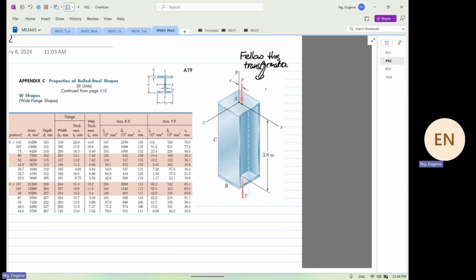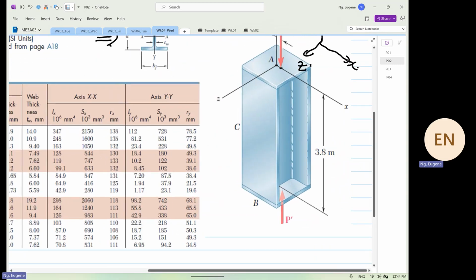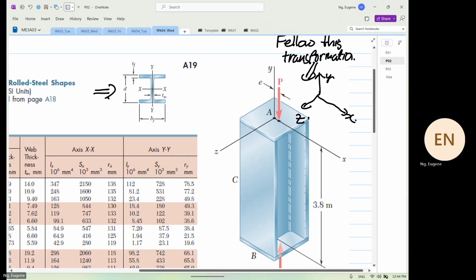So this will be our X, this will be our Y, and this will be our Z. If we look at this diagram over here, I'm going to zoom in. X is, yes.